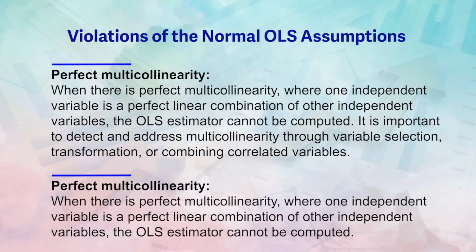So many factors can come up as independent variables, and it may so happen that any two or three factors are strongly correlated among them. If that happens, then the OLS estimation cannot be computed. We have to take some suggestions or remedial steps to avoid the problem of perfect multicollinearity.